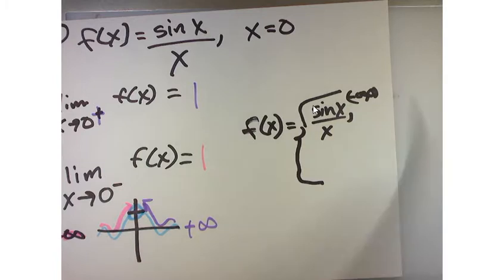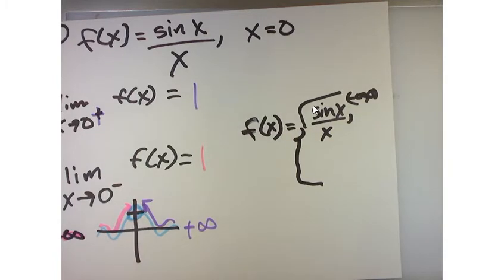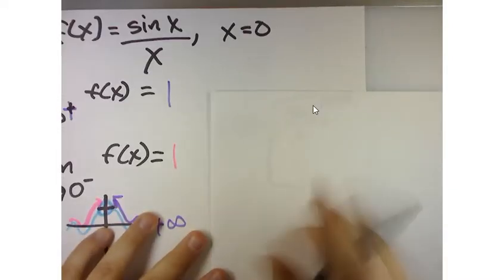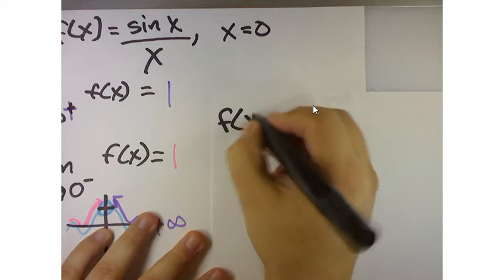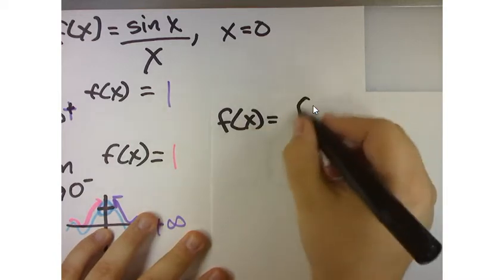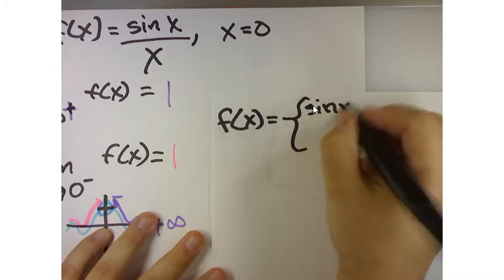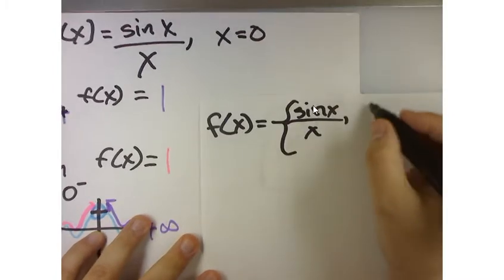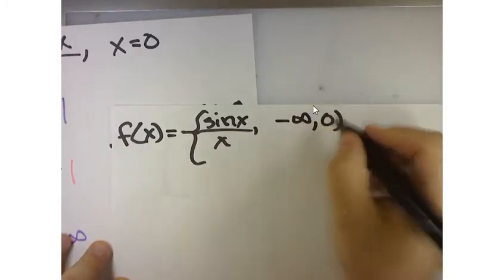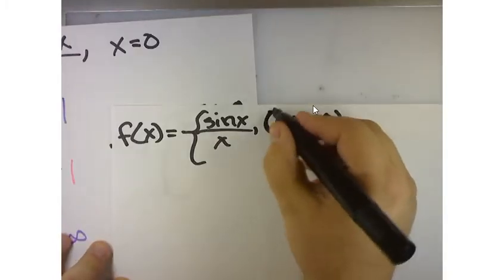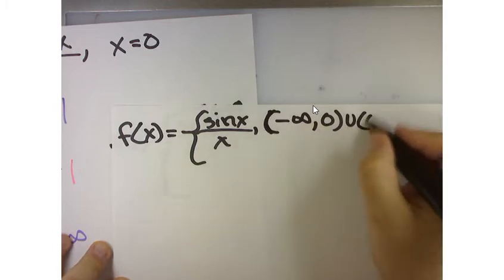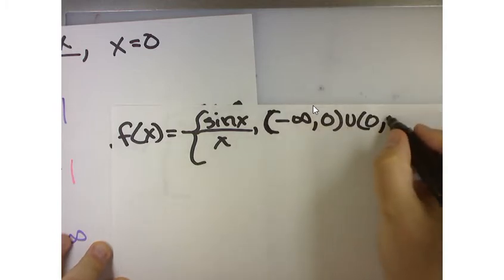Actually, I ran out of room. Let me rewrite that on another sheet of paper so you guys can see it a little clearer. I could say f of x is equal to sine of x over x when I go from negative infinity to 0, union 0 to positive infinity.